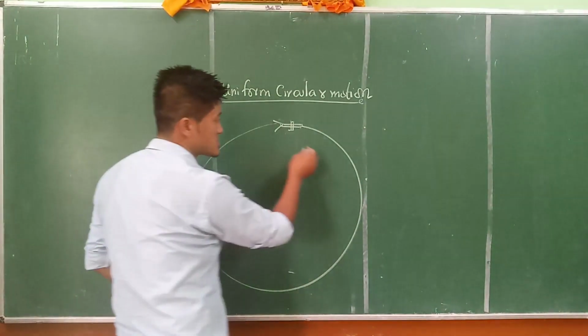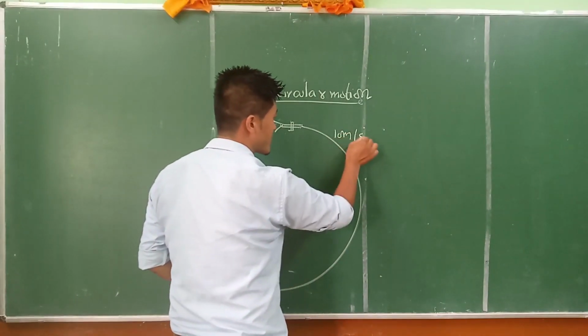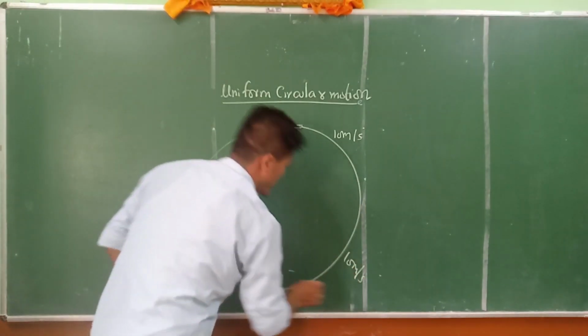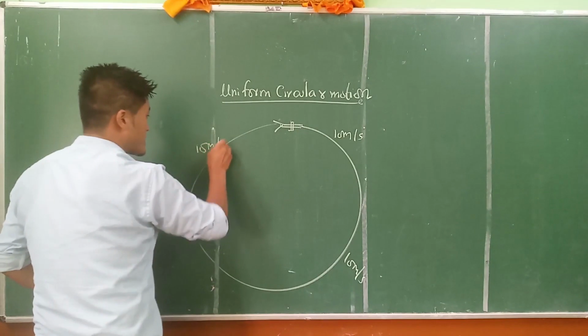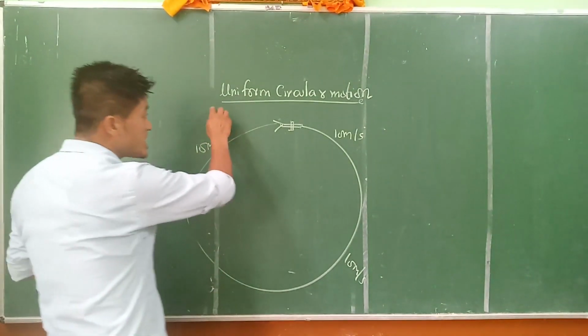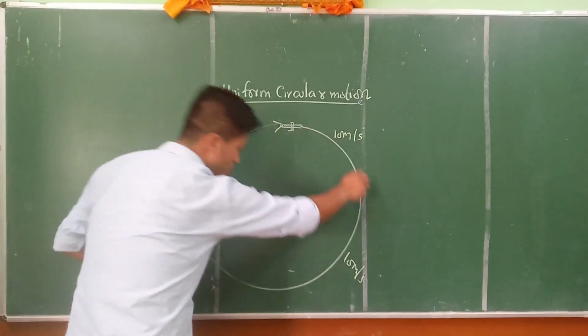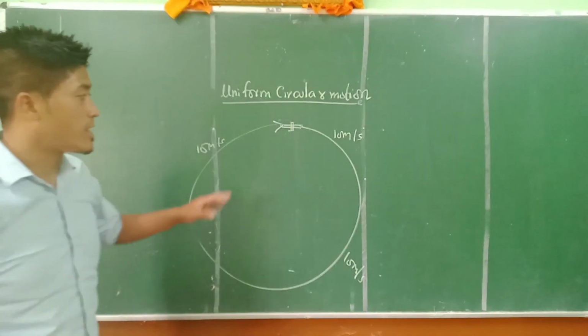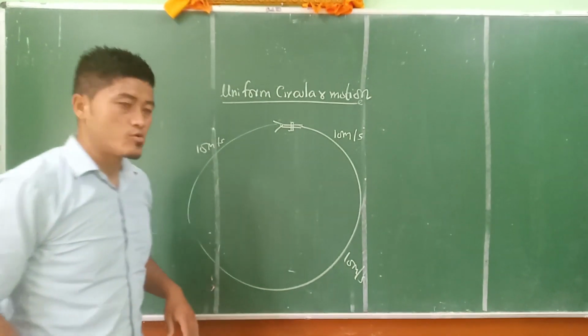Uniform speed means, suppose imagine if this particular satellite is traveling with 10 meter per second, it should be traveling 10 meter per second over here and over here. At every corner, this is 10 meter per second. If any object moves with a uniform speed in a circular pattern, that is what we call uniform circular motion.